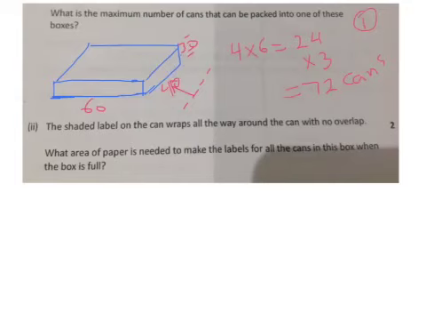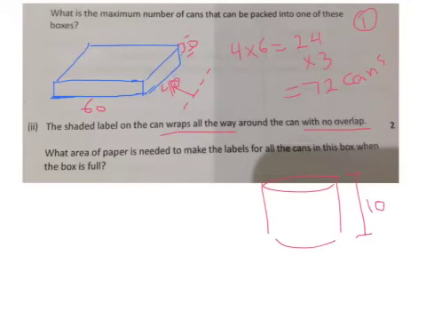Now looking at the second part, which says the shaded label on the can wraps all the way around the can with no overlap. But we have to consider, when we look back at the diagram, that even though the can's height is 10 centimeters, there is a little bit missing at the top, 0.5, and at the bottom there is 0.5.